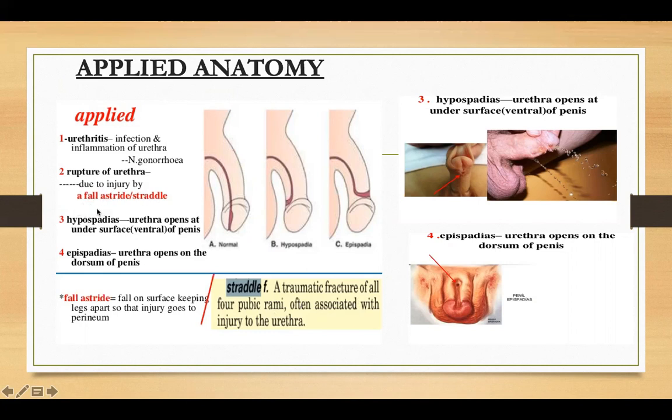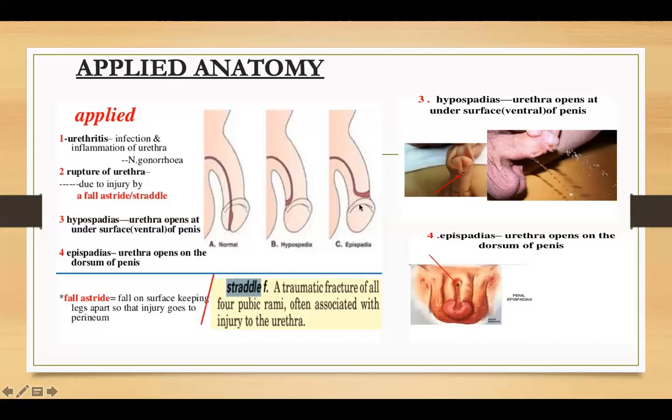Now come to the other anomalies of the urethra. Hypospadias. This is a normal picture of urethral opening. But in hypospadias, the urethra opens at the under surface of the penis. On the ventral surface there will be the opening of the urethra. This condition is known as hypospadias.